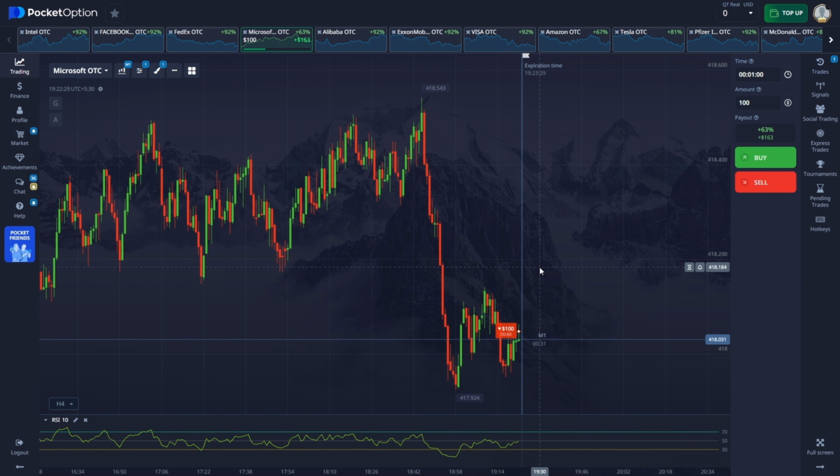The trade was going well at the moment, but we still had 38 seconds left. Okay, the candle wasn't going in our favor right now, but we still have 15 seconds left.